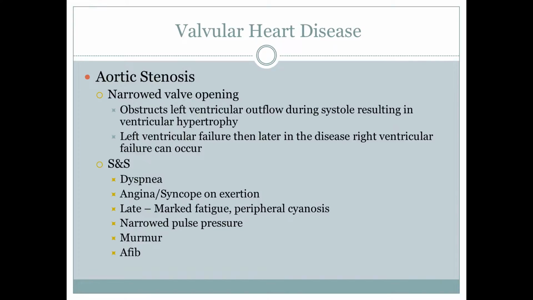It can obstruct that left ventricle outflow during systole, resulting in ventricular hypertrophy. So it stays in instead of being pumped out, because that valve is so narrow it can't all get out. It's just staying in that ventricle.